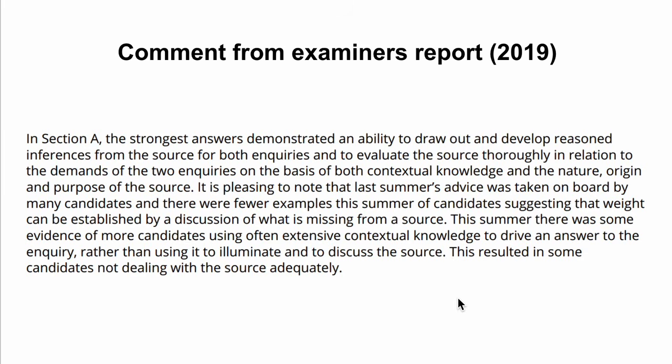So for example, if it's by a politician and the politician has purposely left out something really important that had happened, because they don't want to look bad, then that would be a relevant thing to say in terms of saying there's a limitation here. But it's not relevant if it's something that they wouldn't be talking about. Not all sources can include everything, of course.